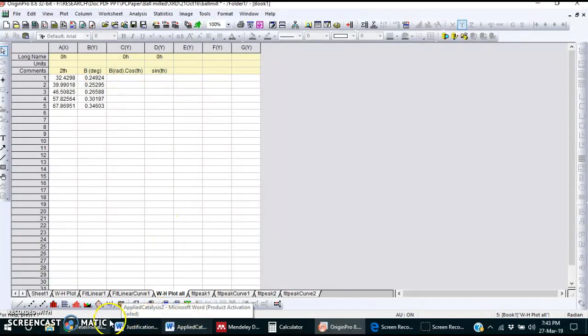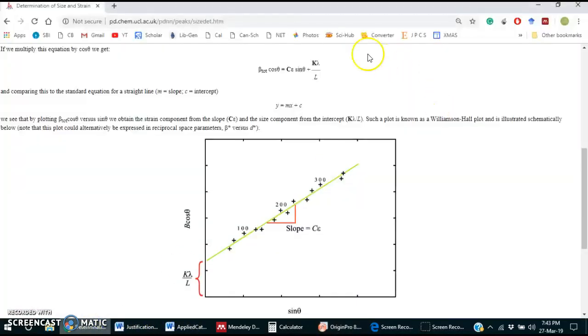Because the WH plot is beta cos theta equal to C epsilon sin theta plus K lambda upon L, or somewhere it is written D. So L or capital D is crystal size, epsilon is strain, and beta total is FWHM in radian. Theta is half of 2 theta.